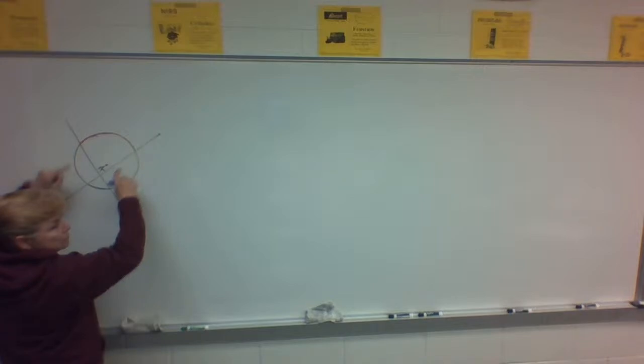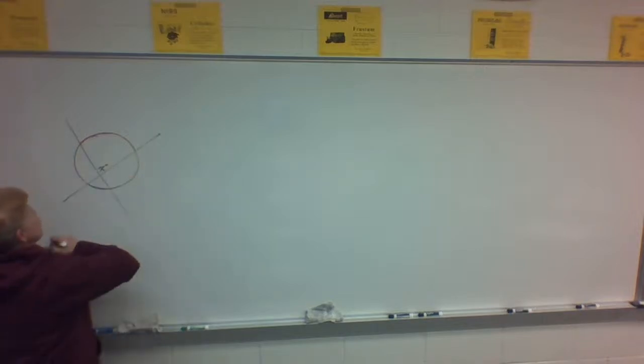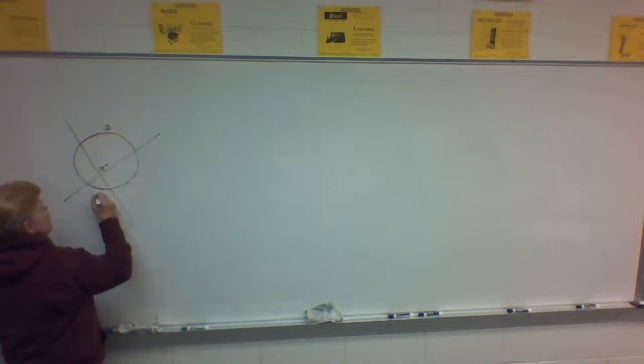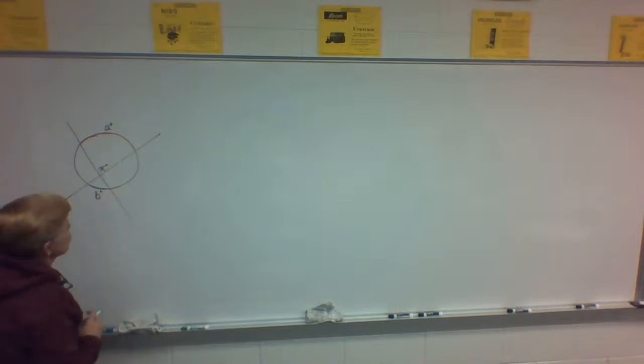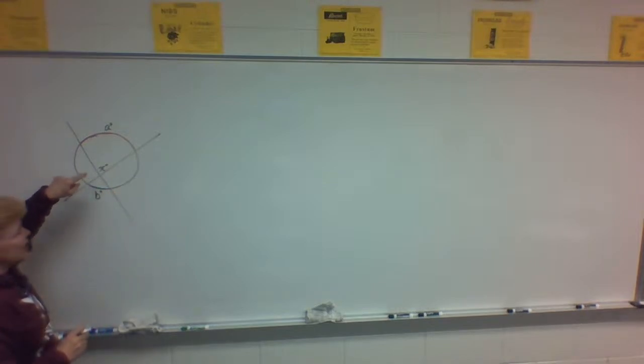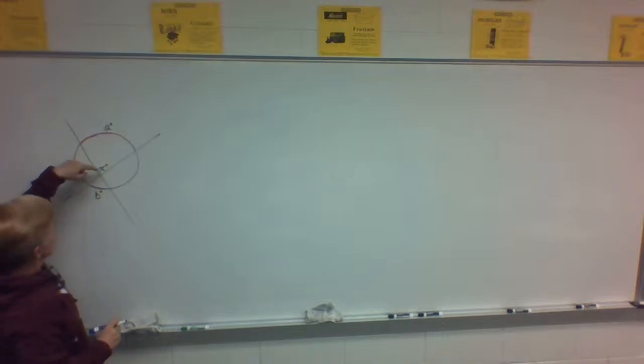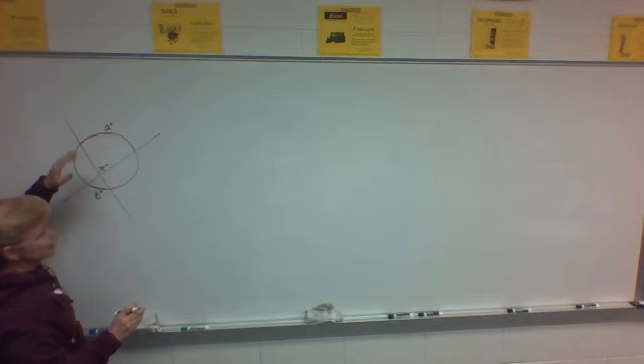Okay. The relationship is this. I'm going to put an A up here and a B here, and everything's measured in degrees today. And this is if it crosses inside. That's the most important thing to note at the very beginning. If the cross point is on the inside, look at the angle they want you to involve. They may tell you what the angle is, or they may ask you to find it.